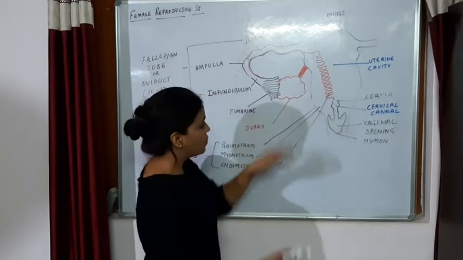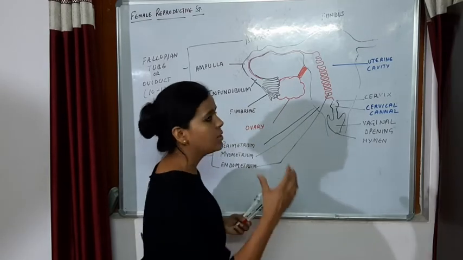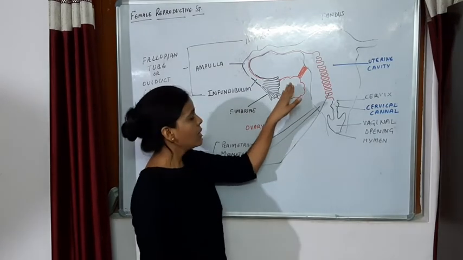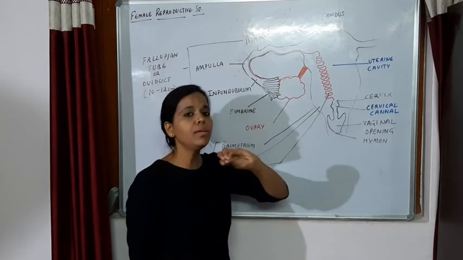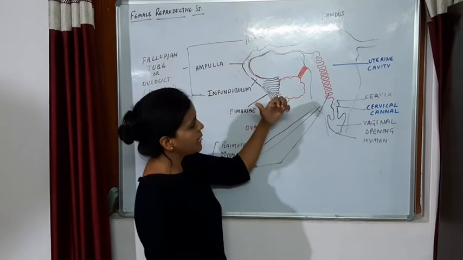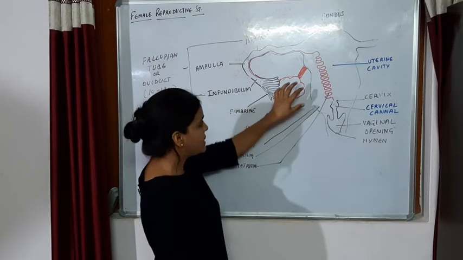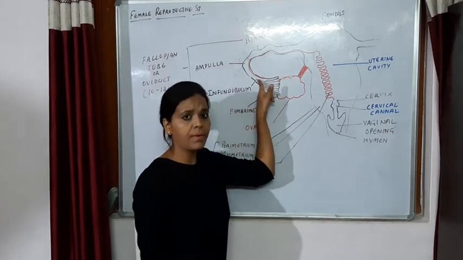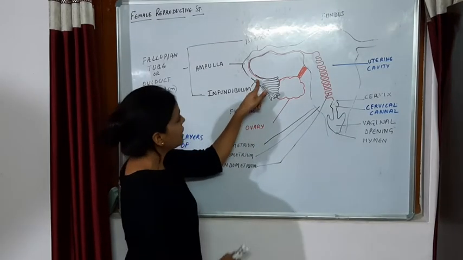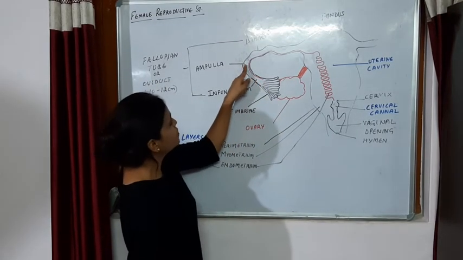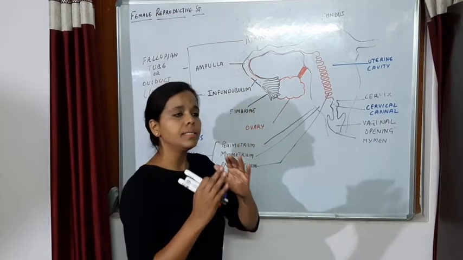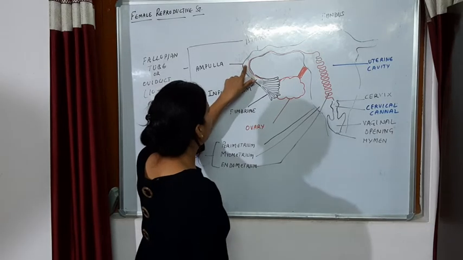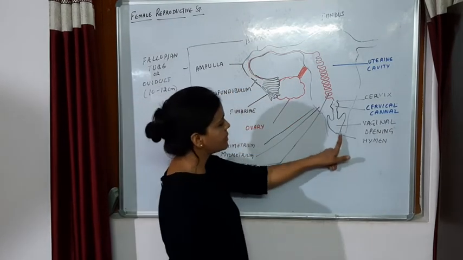So this is the ovary, from where ovulation takes place and the egg is released. Now when the egg, or the secondary oocyte, is released, it is conducted by the finger-like projections, with the help of the fimbriae, into the infundibulum. After the infundibulum it goes to the ampulla, and the changes are going on. Now the sperm is coming from this side.